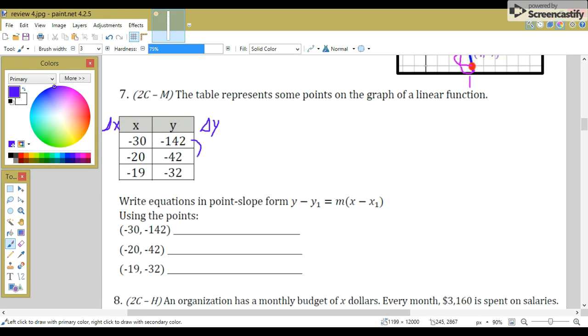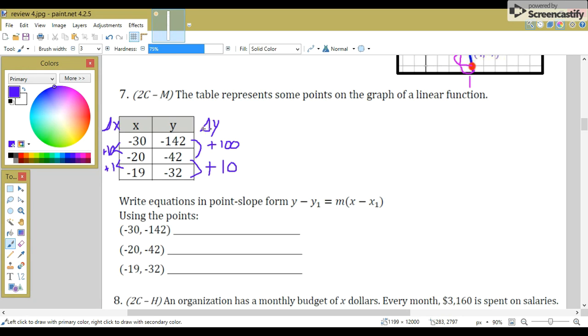From -142 to -42, that is plus 100. From -42 to -32, that is plus 10. On the other side, we have from -30 to -20, that's plus 10. From -20 to -19, that's plus 1.